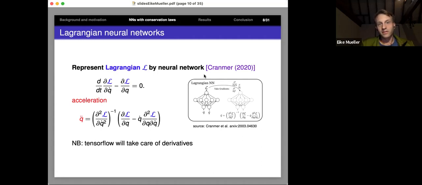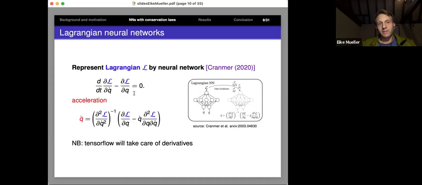The Lagrangian is a function of the coordinates in phase space, and from this Lagrangian, we can derive the equations of motion using these laws here. That's minimizing some action, and in a sense, you can derive Newton's laws in this way.